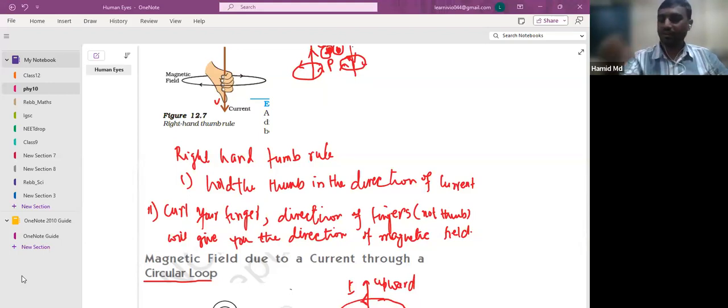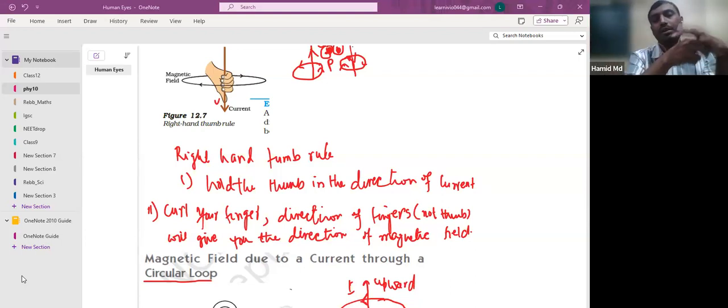So it says that if you hold a current carrying conductor in your right hand, and the direction of current flowing coincides with the direction of your thumb, then the curl of the rest of your fingers will give you the direction of the magnetic field. Right? We did a couple of numericals on this as well.